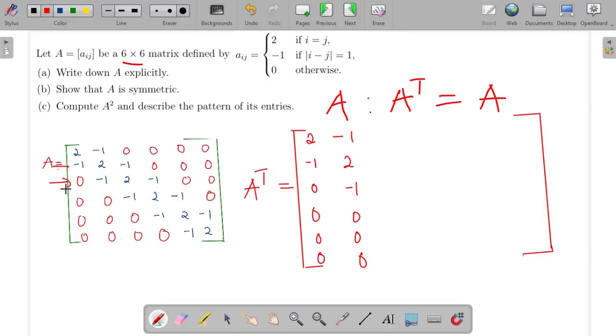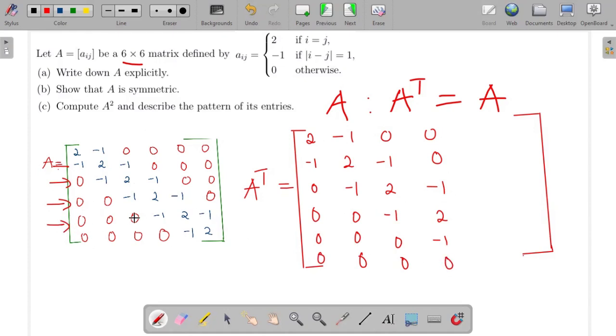The third row, I write it as a column here to be 0, minus 1, 2, minus 1, 0, and then 0. The fourth row, I write it as a column here. It will be 0, 0, minus 1, 2, minus 1, and then 0.